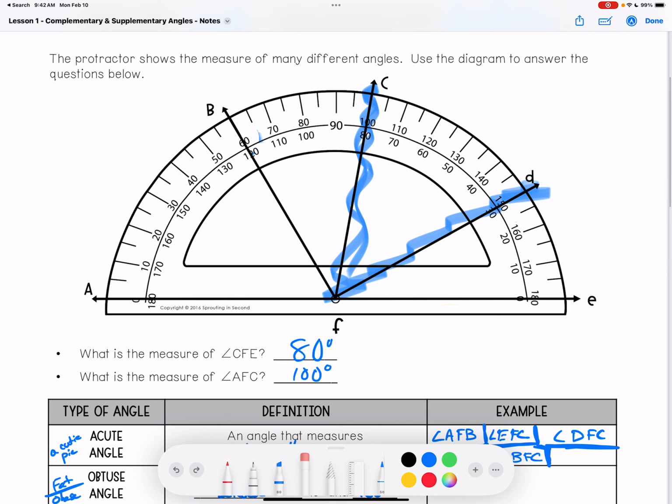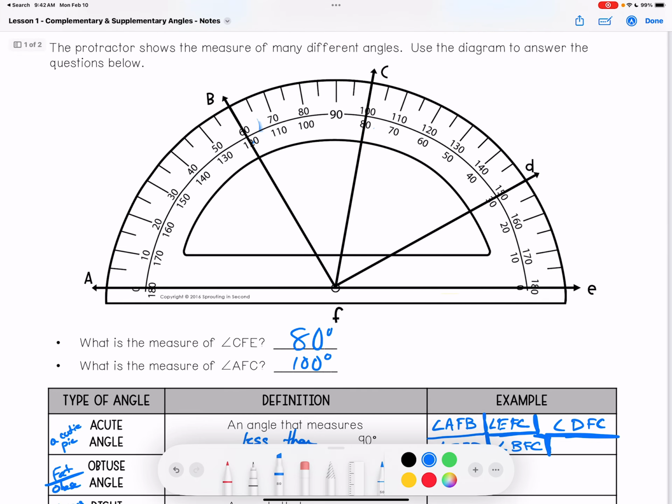What are the ones more than 90? More than 90. All right. What about AFC? That's 100 degrees. What about AFD?